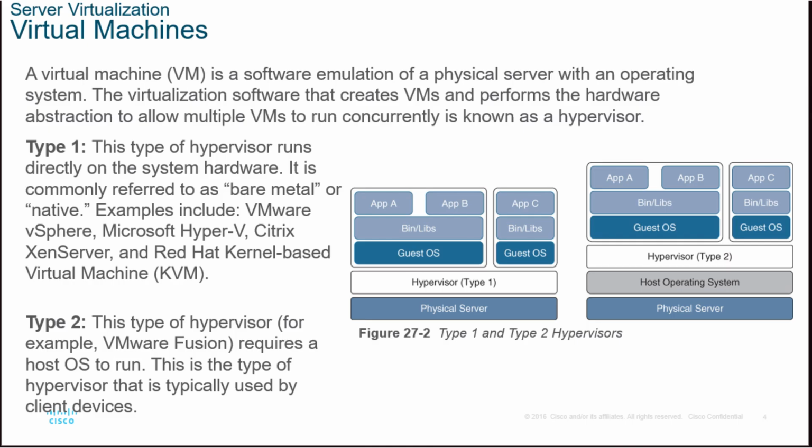Anyways, this is where type 2 comes in. In type 2, you install a workstation, which is VMware Workstation, and within VMware Workstation you create the servers. That means from your PC, which has 8 GB of RAM, in the VM workstation you create a virtual desktop, which is your PC.